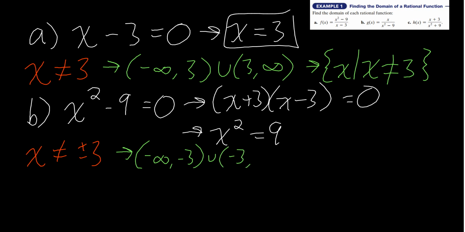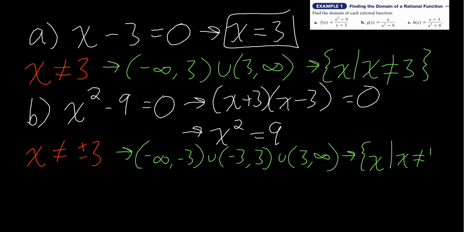And if I put it in set builder notation, a little curly brace, x such that x cannot be equal to a positive and negative 3. Okay, so that's that.